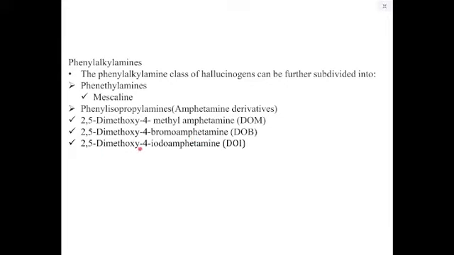And you have the 2,5-dimethoxy 4-iodo amphetamine. So all we are saying is that these are derivatives of amphetamine, whereby one of the alpha carbon hydrogens has been replaced with a methyl group with increased activity, as we said last time, because of the slowing down of the metabolism by the monoamine oxidases.